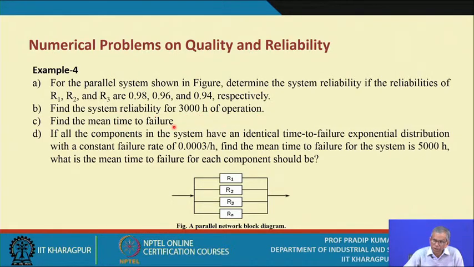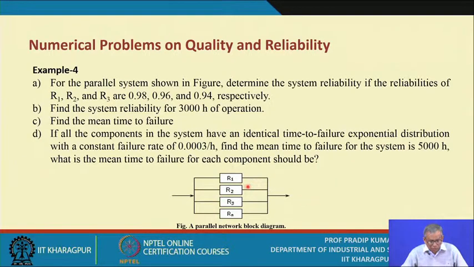Find the mean time to failure if all the components in the system have an identical exponential time to failure distribution, that means the same constant failure rate of 0.0003 per hour. Find the mean time to failure for the system for 5000 hours. What should the mean time to failure for each component be? So these are the typical problems.